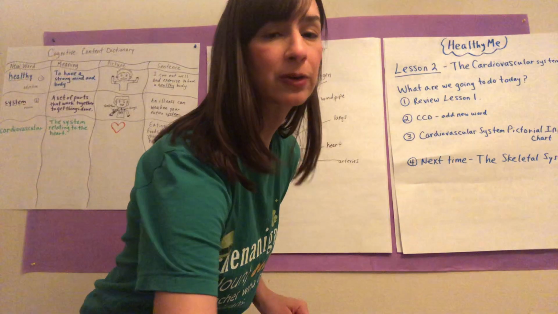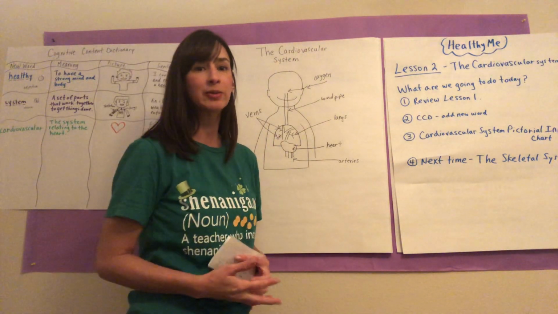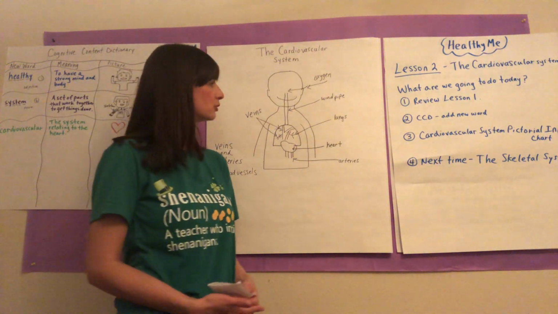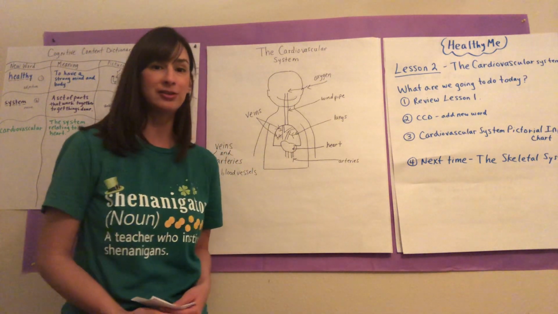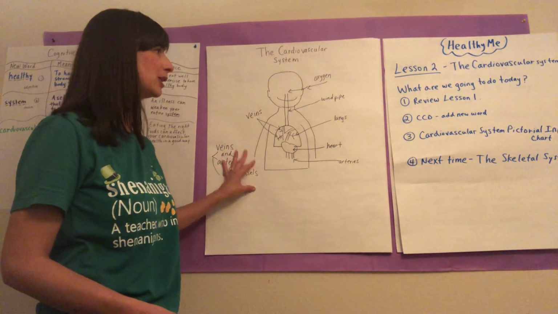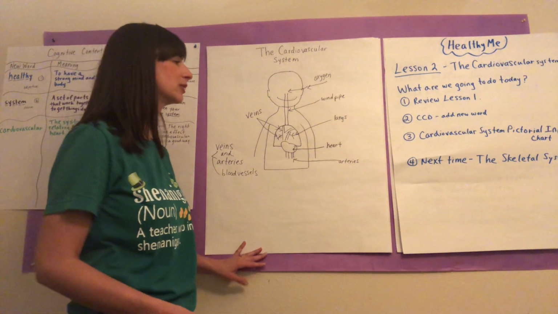Okay, so while you're working on this, I want you to think of questions that you might have, or things that you could add to our information and our knowledge of the cardiovascular system.